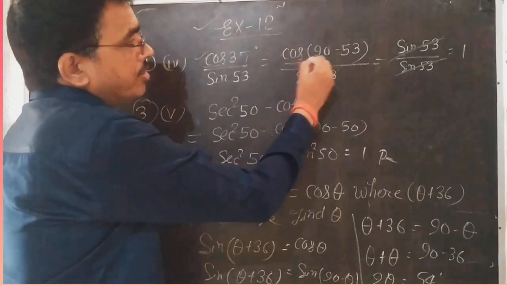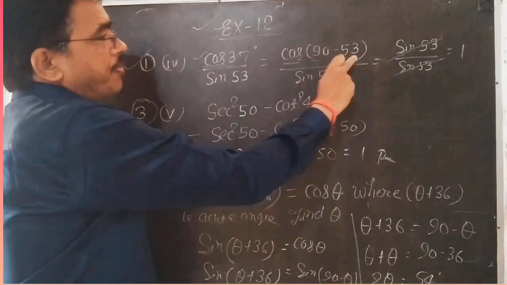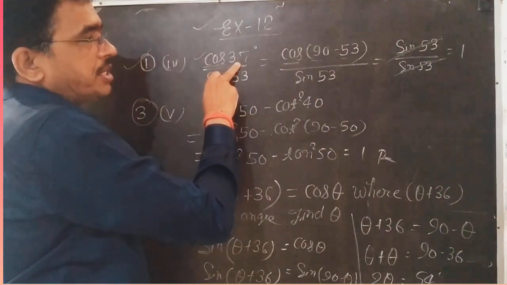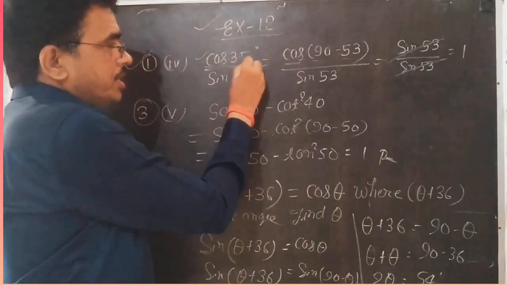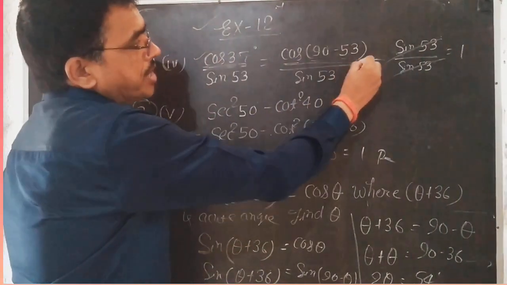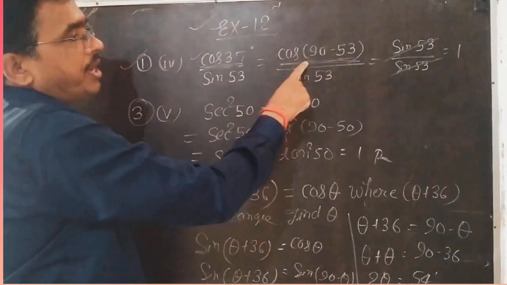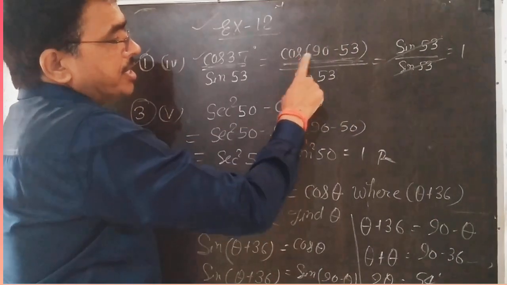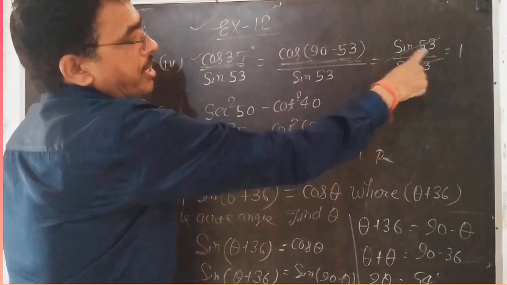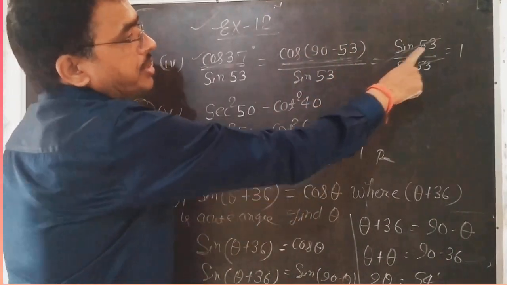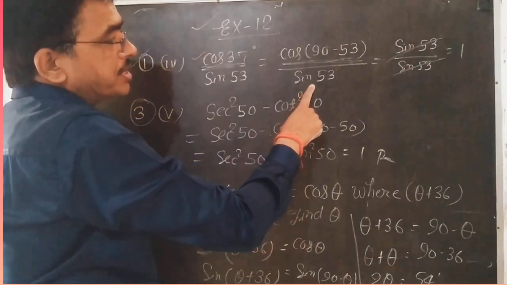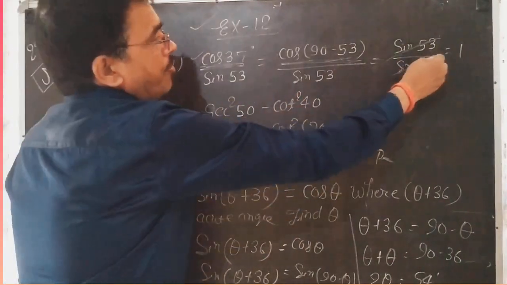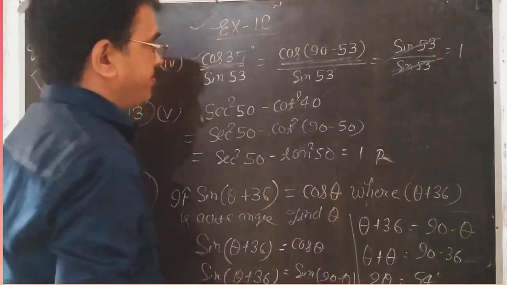We can write cos 90 minus 53, because 90 minus 53 gives 37. And cos 90 minus theta is sin theta, and theta is 53, so sin 53. The denominator is also sin 53, so both cancel, that is 1.